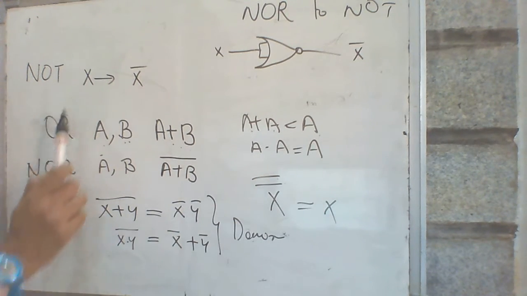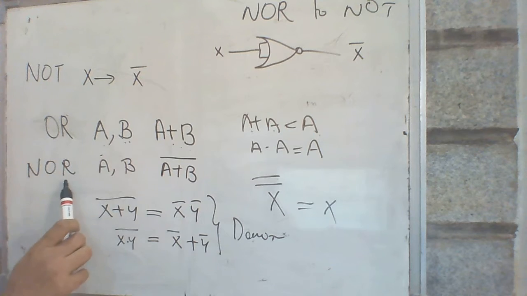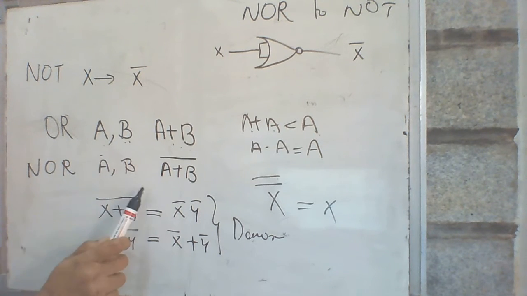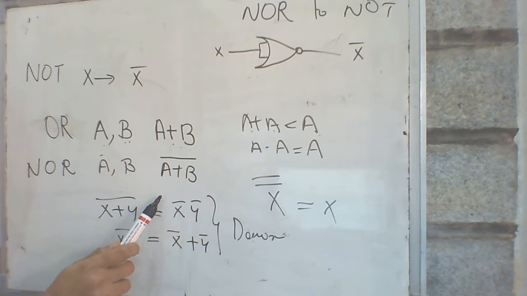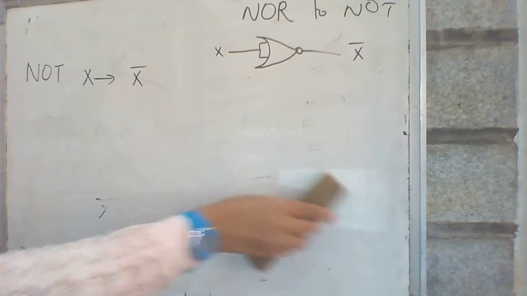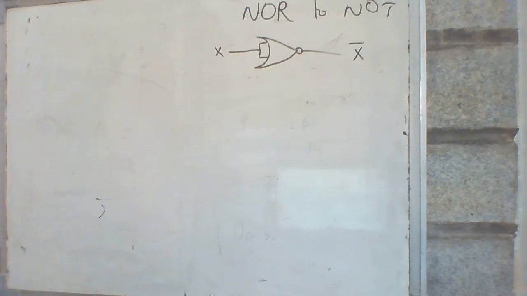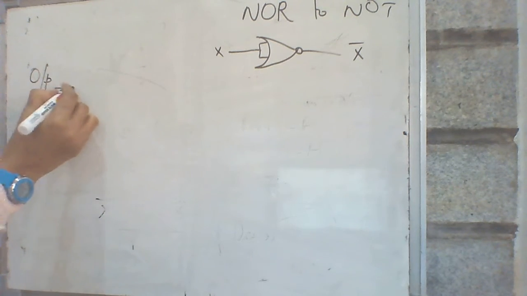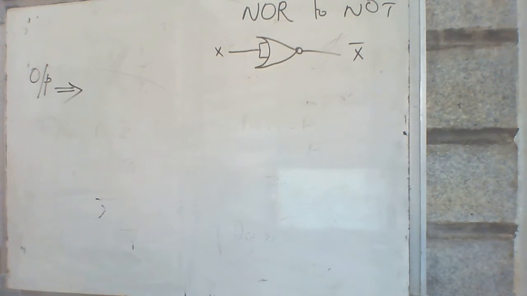Okay. Output of OR gate is A plus B. Output of NOR gate is A plus B the whole bar. We just remind this one. Next we can design this logic. What is the final output?